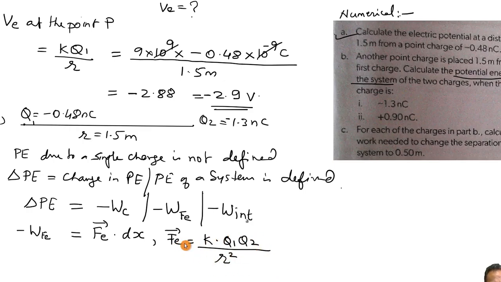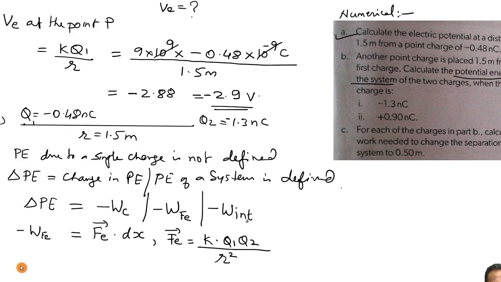So this is the formula for Fe, right? And that is multiplied by dx, that is the distance between the two charges, so times r. So Fe is only this much. This is Fe.